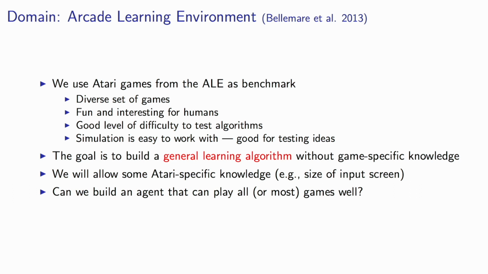So we found that agents that don't really have a good memory component can still do quite well on many of these games, because you basically can just look at the screen and you know everything that you need to know. So that's maybe a limitation of the benchmark. There are some games in which you might need memory more than others, so if you want to look at agents that have to use memory, you might want to be careful about which tasks you select. The goal is to build a general learning algorithm without game-specific knowledge.